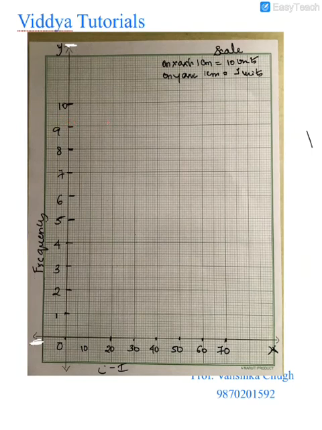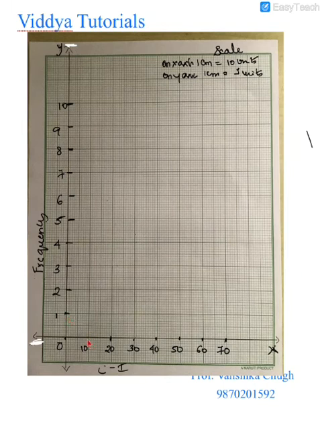So if I take 1 centimeter as 1 unit, I can accommodate my highest frequency. So I have chosen a scale of 1 centimeter equal to 1 unit. If the numbers are larger, then you can go for 1 centimeter equal to 2 units, 5 units or 10 units. Such plotting becomes easier.